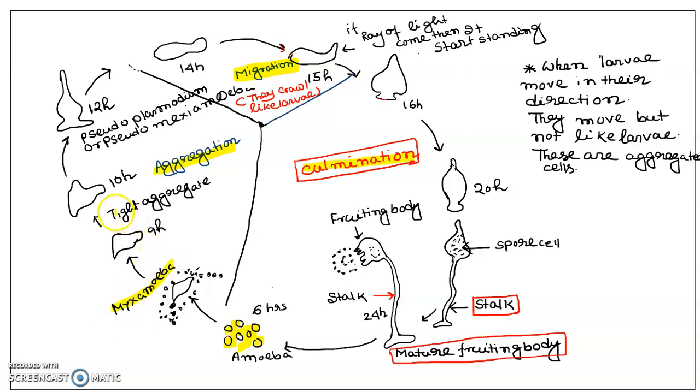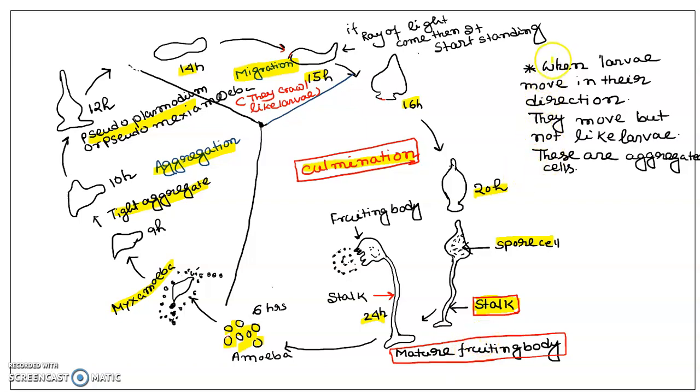They form myxamoebae, then a tight aggregate, then a pseudoplasmodium, and then as starvation increases, at around 14, 15, 16, 20 and 24 hours, they form a stalk and a fruiting body-like structure. The cellular aggregate forms spore and stalk cells.